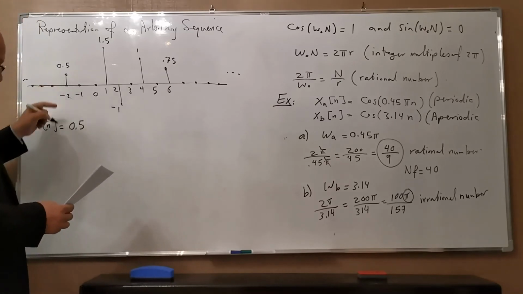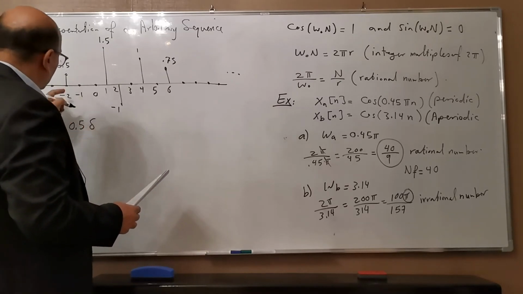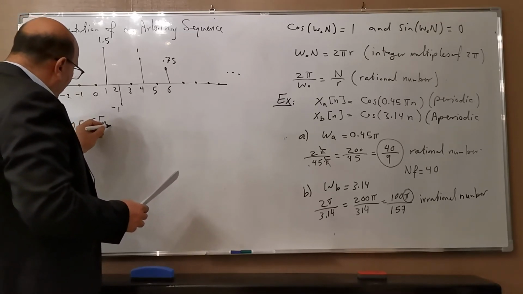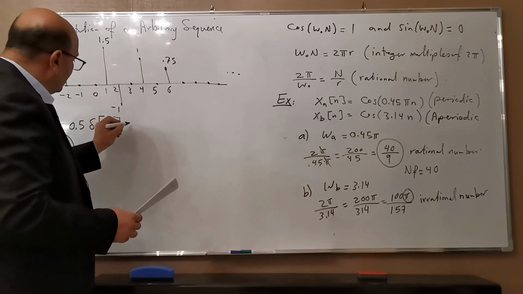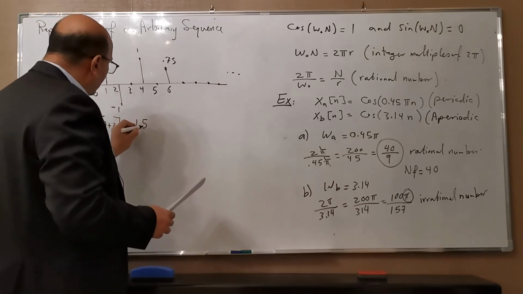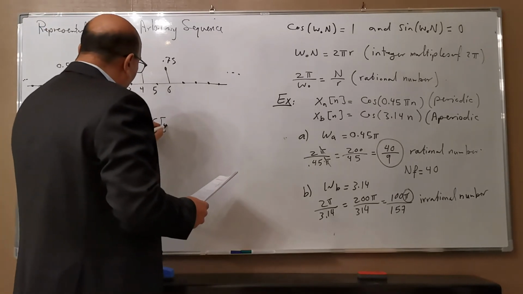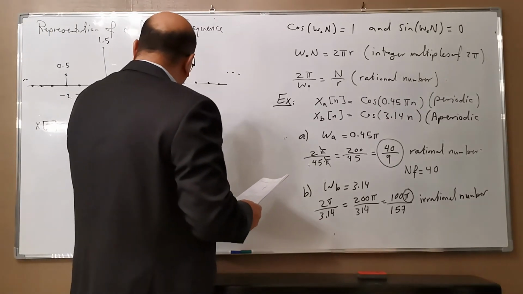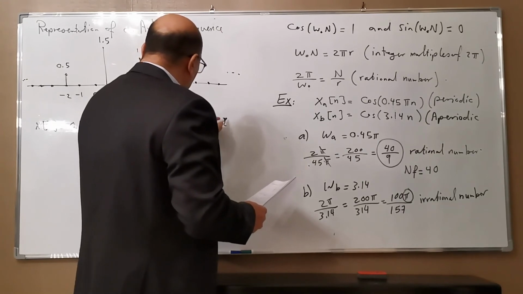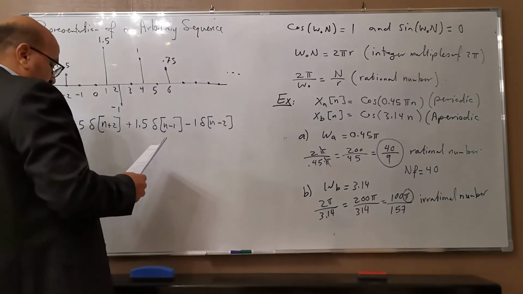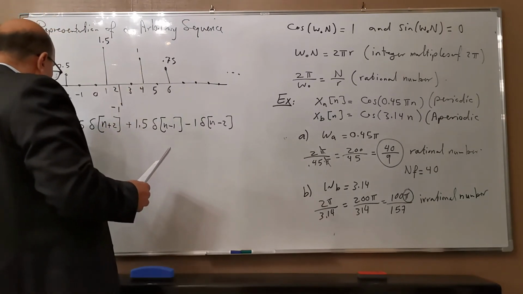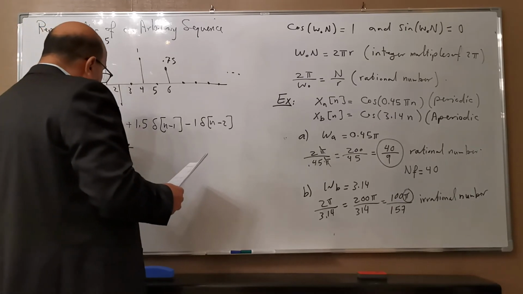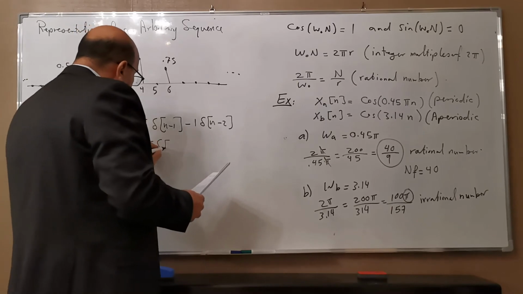The weight is 0.5 multiplied by a delta present at n equals minus 2, so this is delta of n plus 2, plus 1.5 delta of n minus 1, minus 1 delta of n minus 2, plus 1 times delta of n minus 4, and the last one is 0.75 delta of n minus 6.